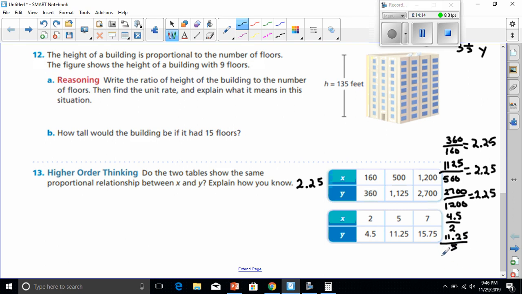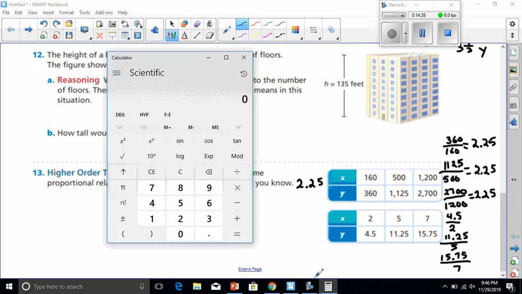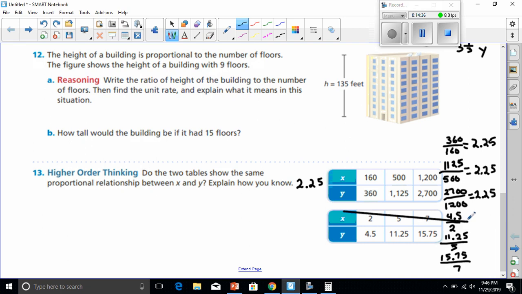And the last one's going to be 15.75 over 7. All right, let's give it a shot. 4.5 divided by 2, that's going to be 2.25.